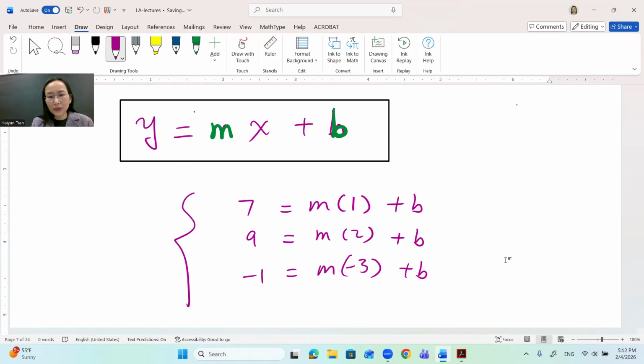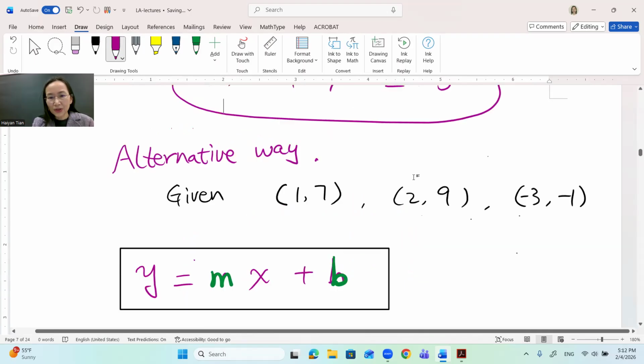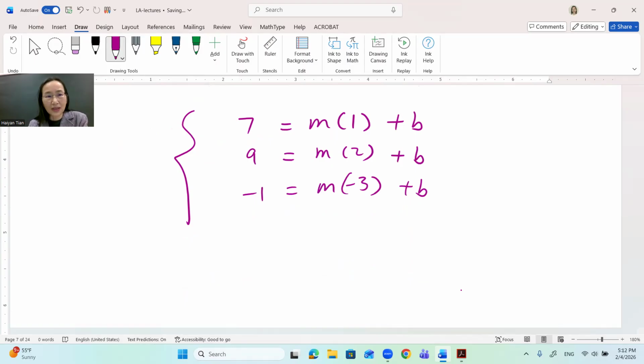So we have a system of 3 equations, and we try to determine the slope and the y-intercept. Can we determine a solution for the system? Let's write this system. The first equation is 1 times m plus b equals 7, putting 7 on the other side. The second equation is 2m plus b equals 9.